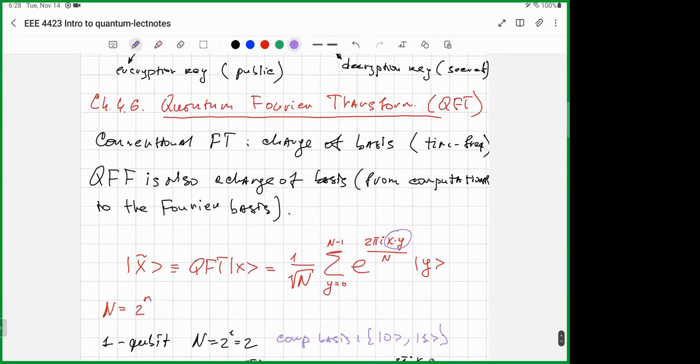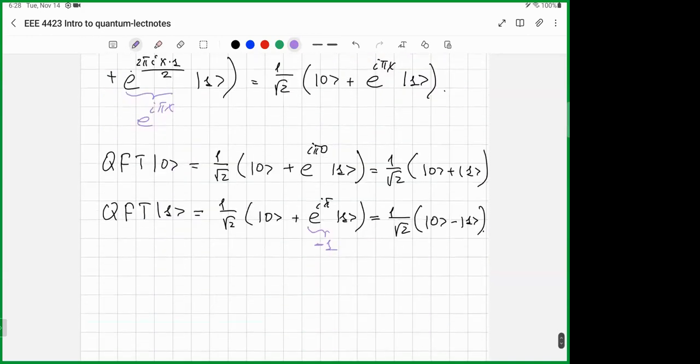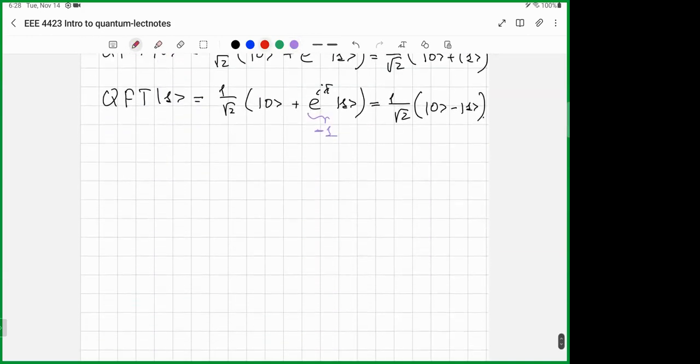And let us maybe transit to another one, 0.7. Let's call this quantum random circuit. So what is quantum random circuit?